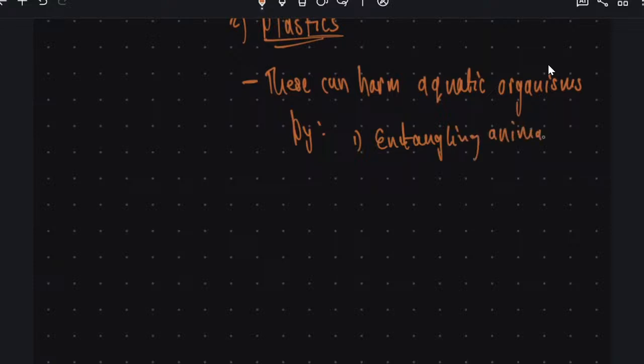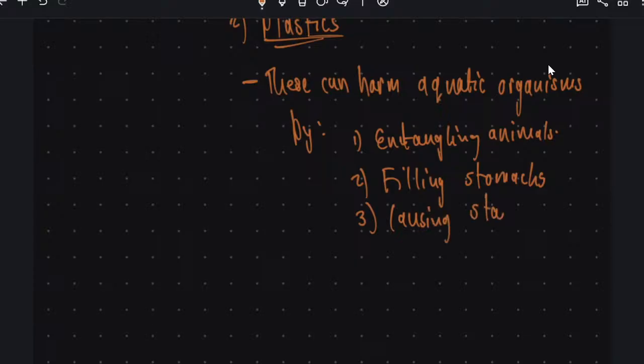Animals can move, they're entangled in here. Two, filling stomachs. And once they do that, they cause starvation. So you can say causing starvation. Are we together?